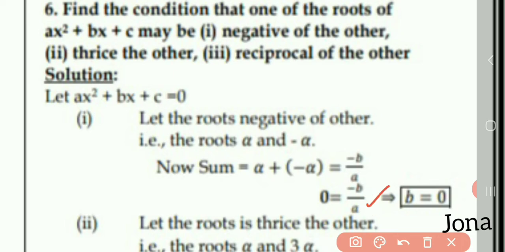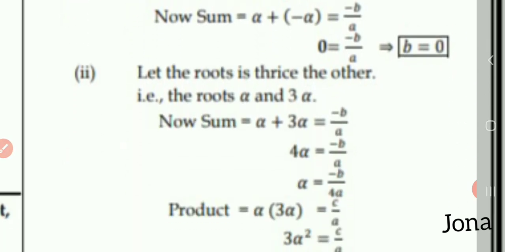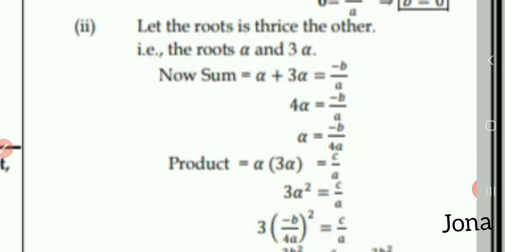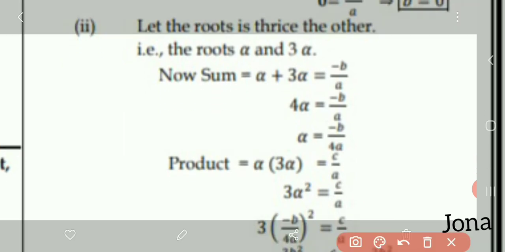Cross multiply, if you cross multiply, you can get minus b equal to 0. If minus b equal to 0, b equal to 0. So this is the first option. The second one, we have thrice the other. So thrice the other. Let me take that equation.